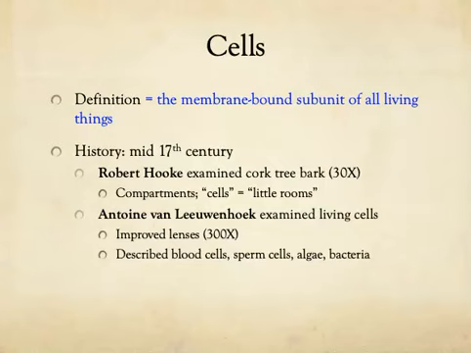And what Leeuwenhoek did was examine not just plant cells, but all different kinds of cells underneath his microscope. He's credited with describing blood cells, sperm cells, some algae that he collected, and some bacteria from the environment.